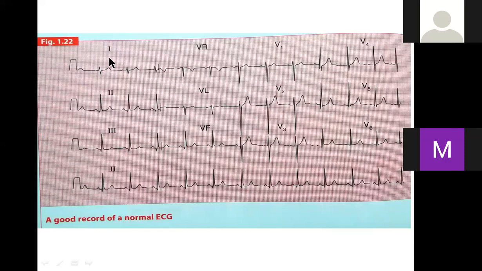In lead one, the positive pole is on the left shoulder, and the negative pole is on the right shoulder. So when the current is flowing towards the positive pole of lead one, the deflection will be positive in the tracing.